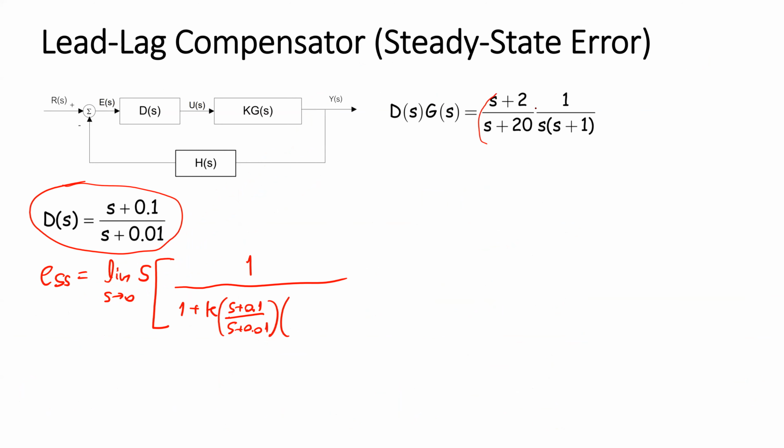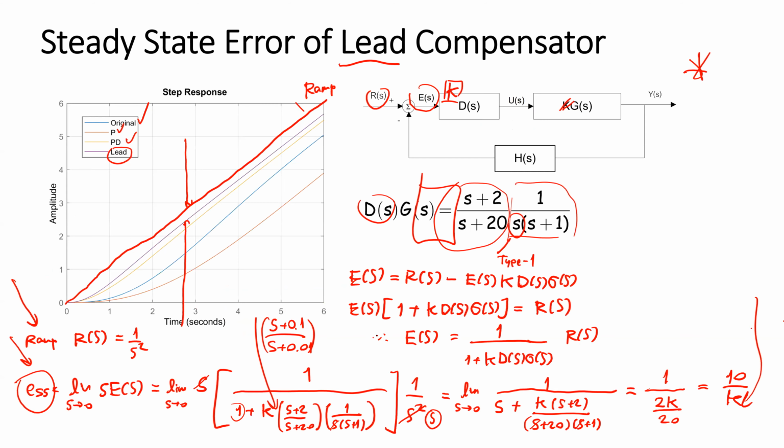The original system already has the lead and the plant. And don't forget the ramp input.